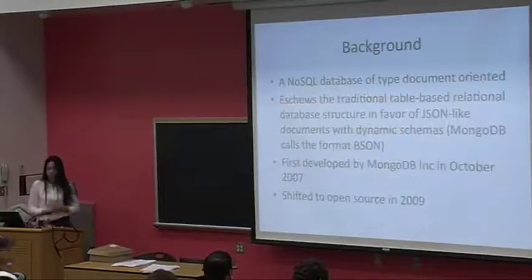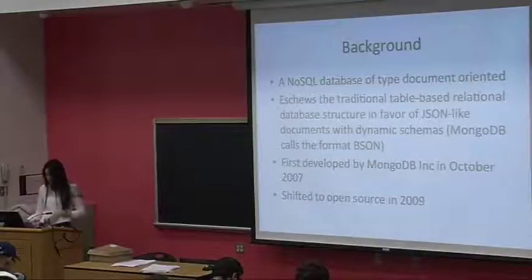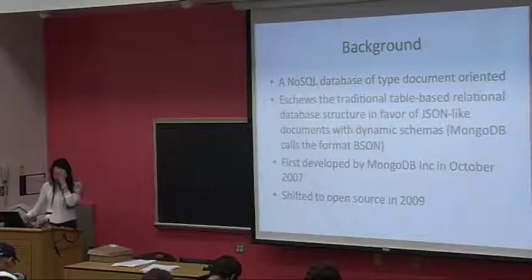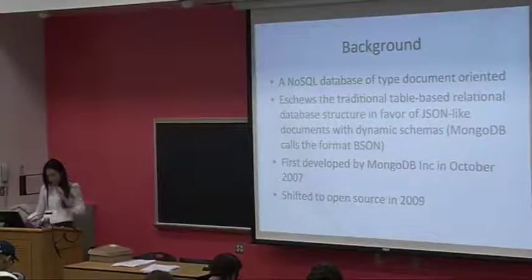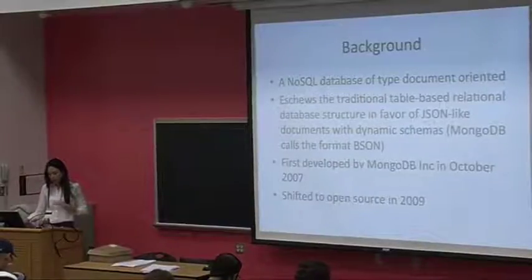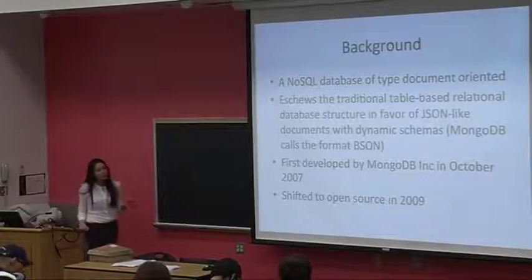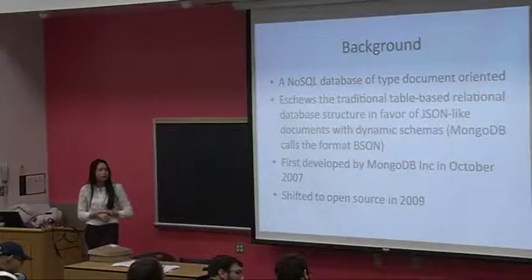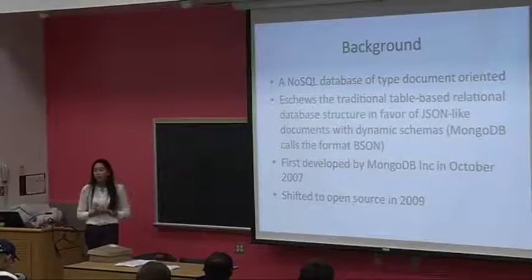So a little bit of background for MongoDB. As I said, it is a type of document-oriented database in the NoSQL databases family, and it eschews the traditional table-based relational database structure in favor of JSON-like documents with dynamic schemas. Last time I briefly talked about how things in a document-oriented database are stored, and I talked about JSON, and I think a lot of you haven't heard of what the JSON format is like, which I will show you later.